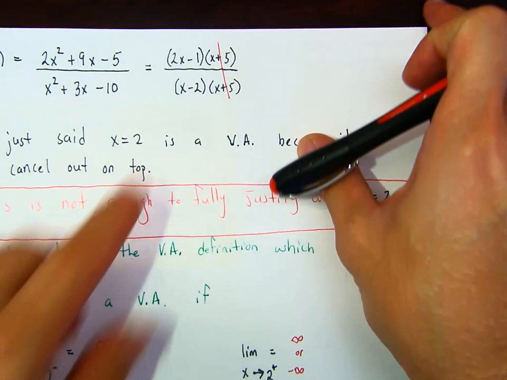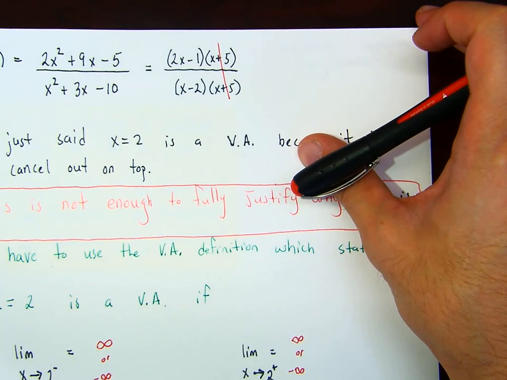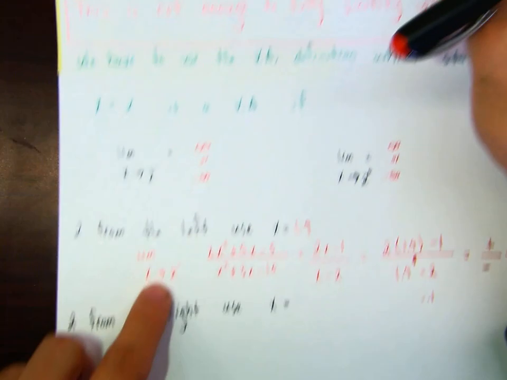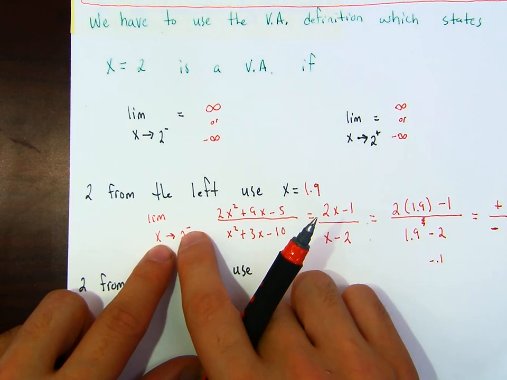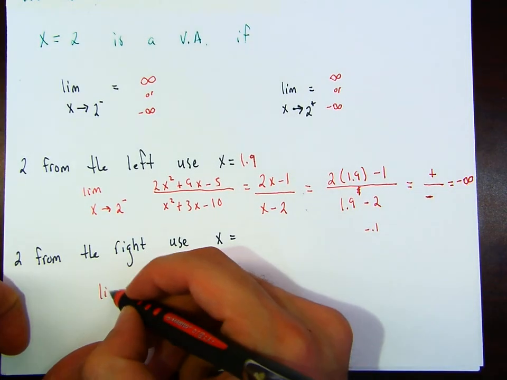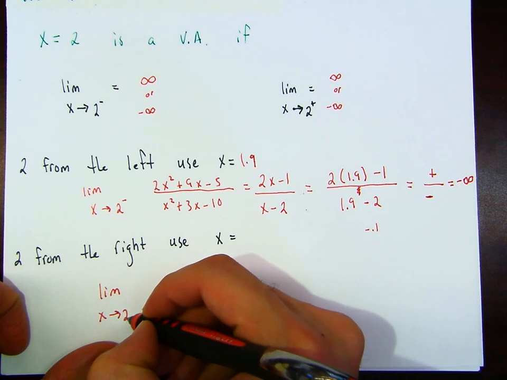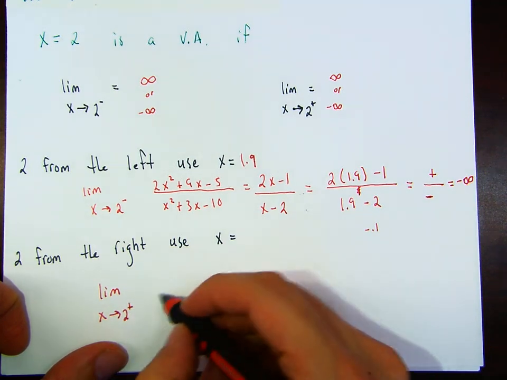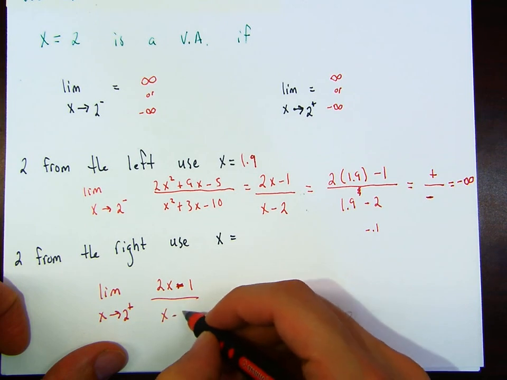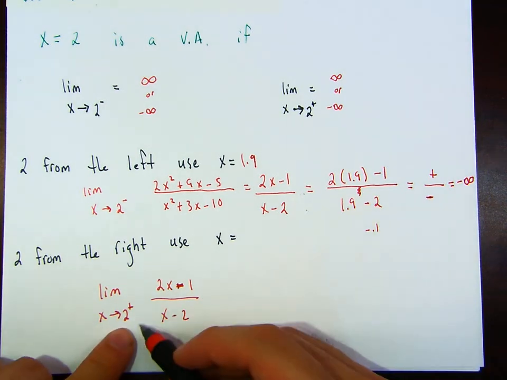You cannot say that 2 isn't a vertical asymptote just because it doesn't cancel. You have to show that the limit as you approach from the left goes to one of the infinities, and you also have to show that the limit from the right goes to the other infinity. So then you could say you have 2x minus 1 over x minus 2. And here, what is a number right of 2?